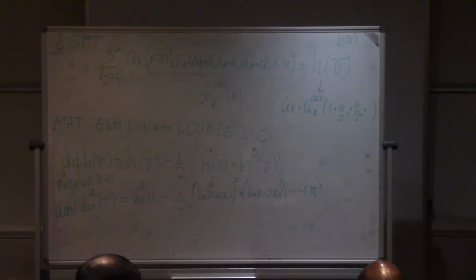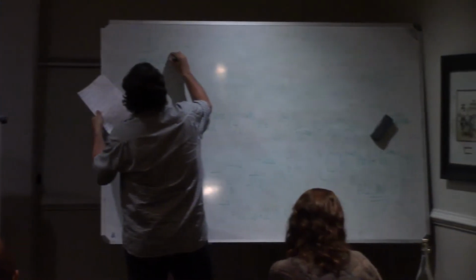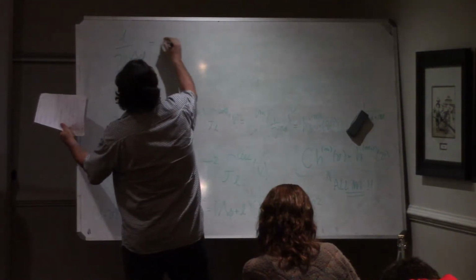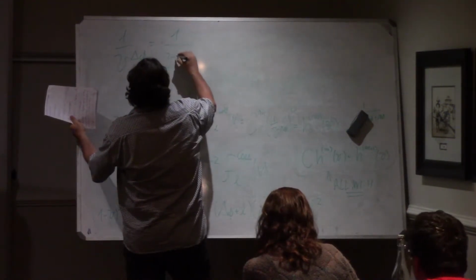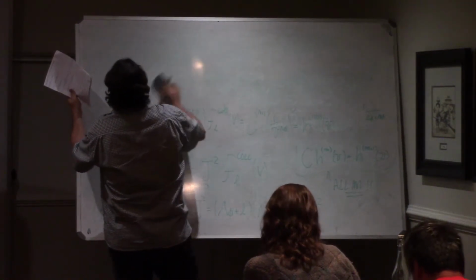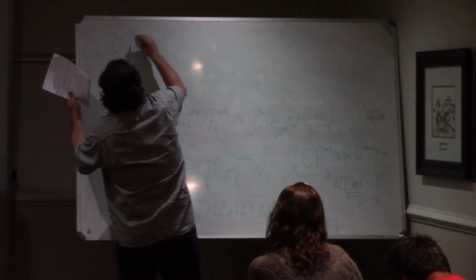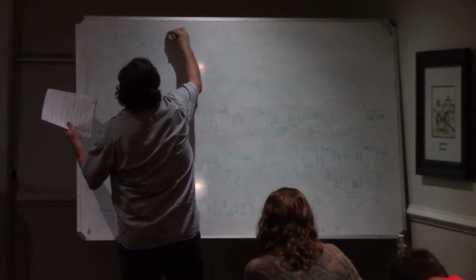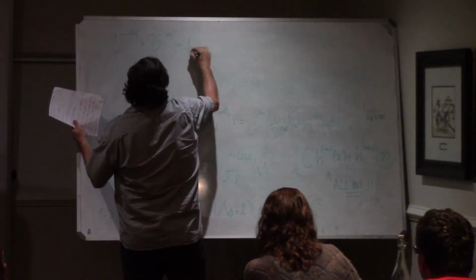Oh, sure. Please do. So for instance, if you have 1 over v to the delta phi, it's a bit easier to do v to the alpha for a non-integer power alpha. And this is v to the alpha minus 1/2.